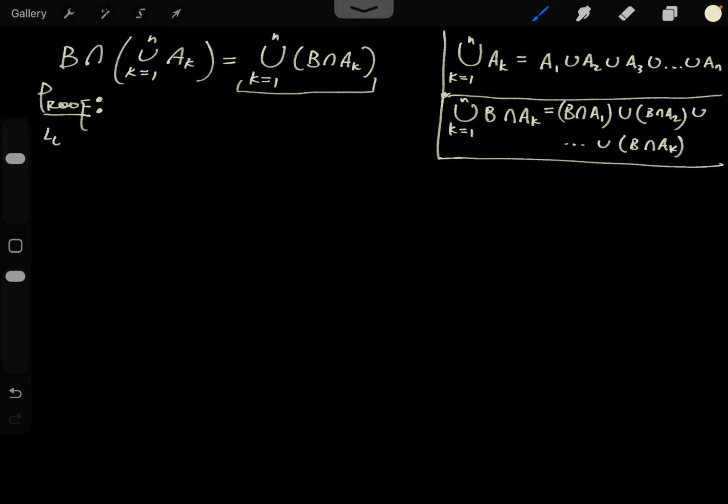So let x be in the left set, and I want to show that it's going to be in the right set. Okay, so if x is in this set, then that means that x is in B, and x is in this union.